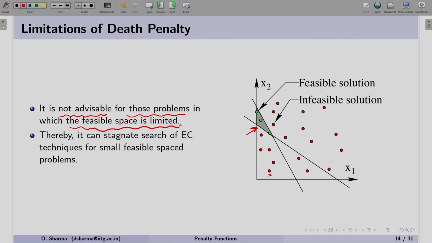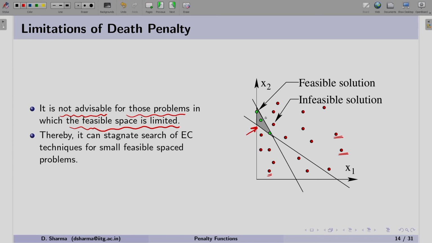Looking at the figure on the right hand side, we can see that while using this death penalty, many of the solutions are infeasible. This means this method is going to reject all these infeasible solutions and will only take the feasible solutions.